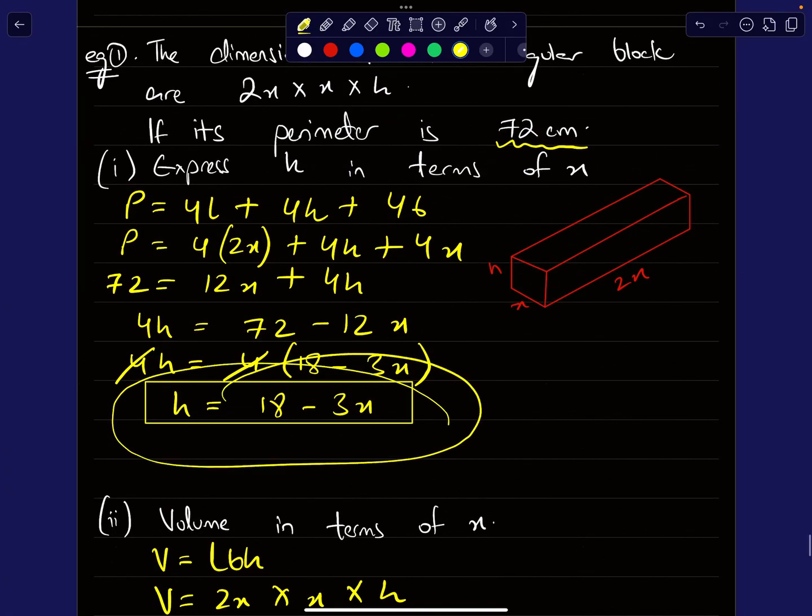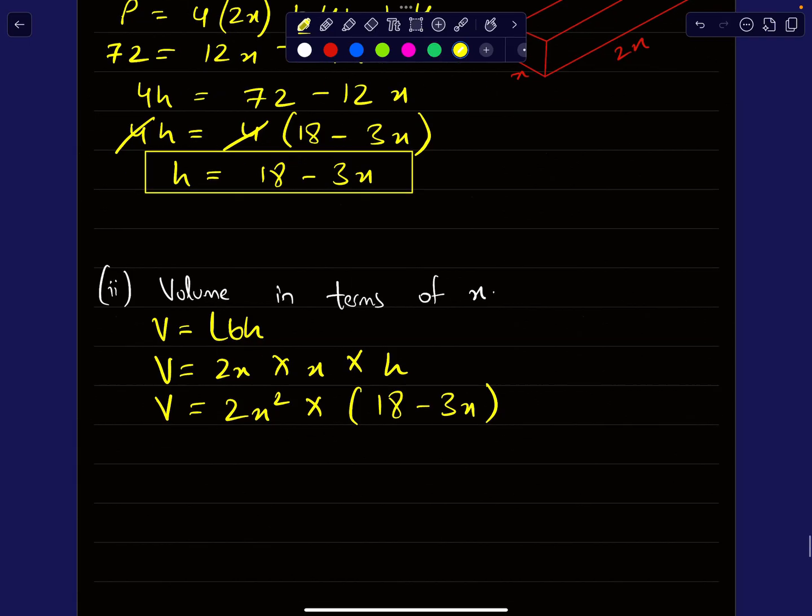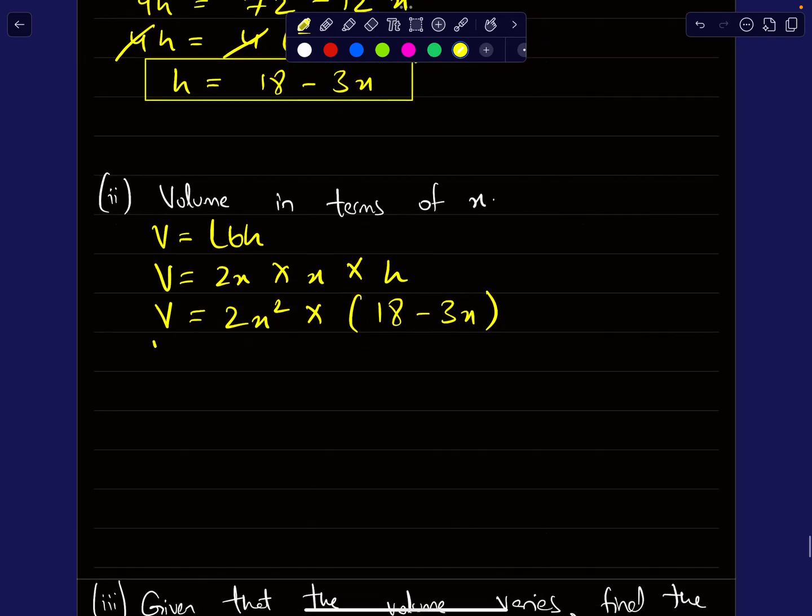We already expressed h in terms of x. Now simply substitute h by that. So we have 2x squared after we multiply this, and substitute the equivalent of h. And finally, we'll be left with something like 36x squared minus 6x cubed.